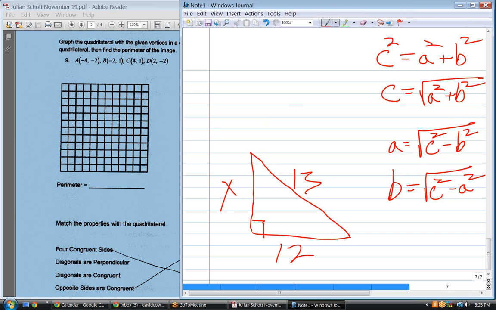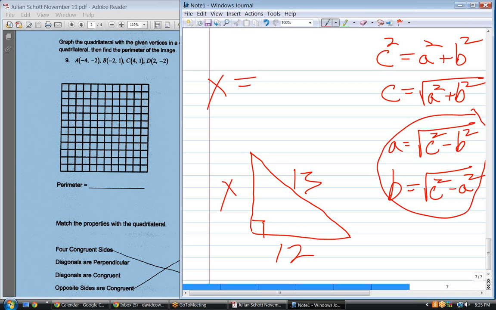So x equals... In other words, we're going to use one of these, because we have the hypotenuse and we have one of the short sides. We're solving for the other side.